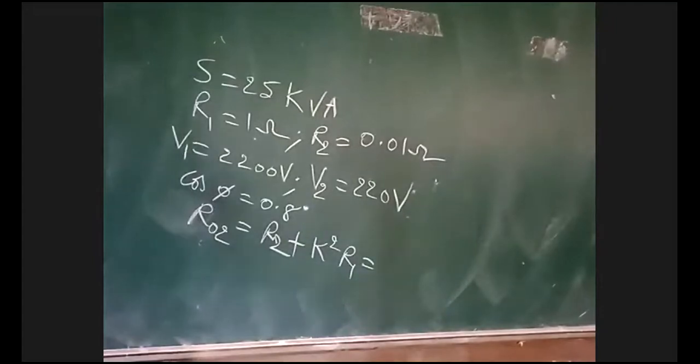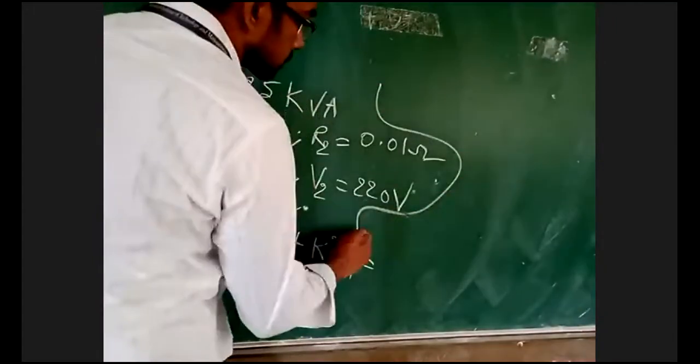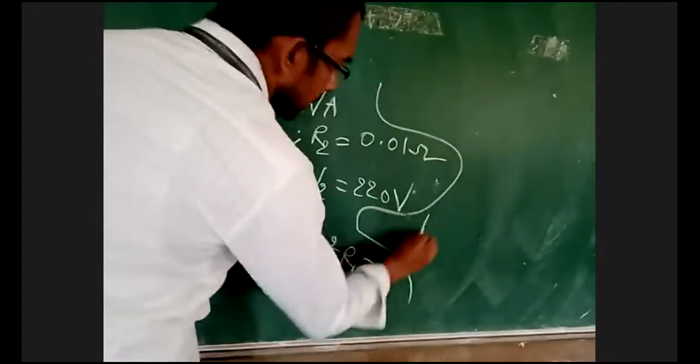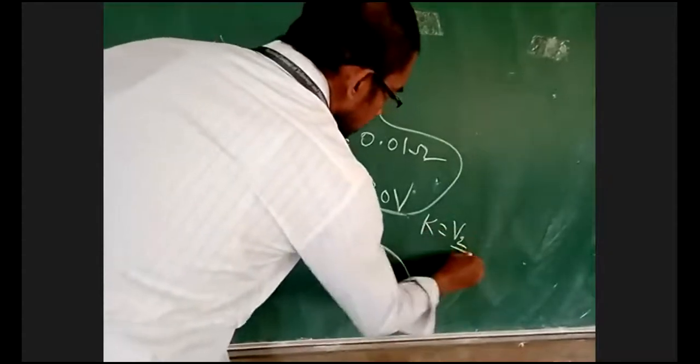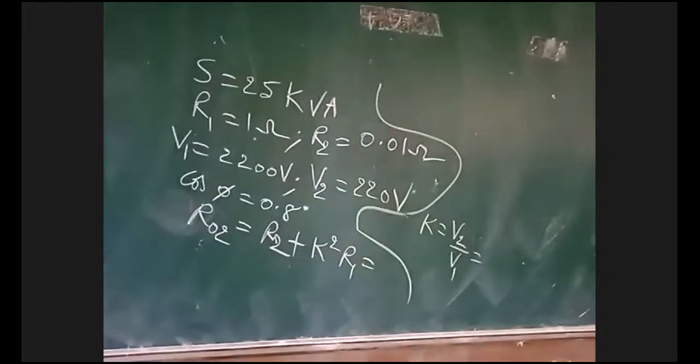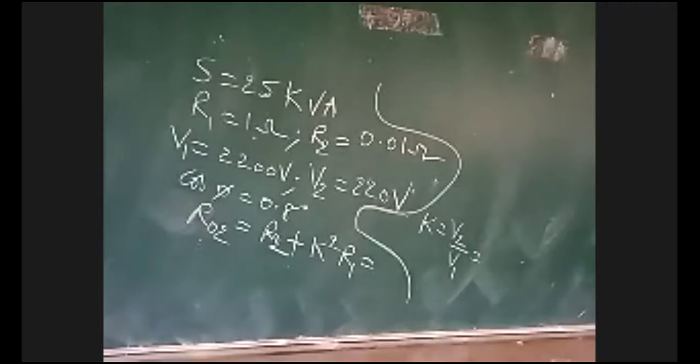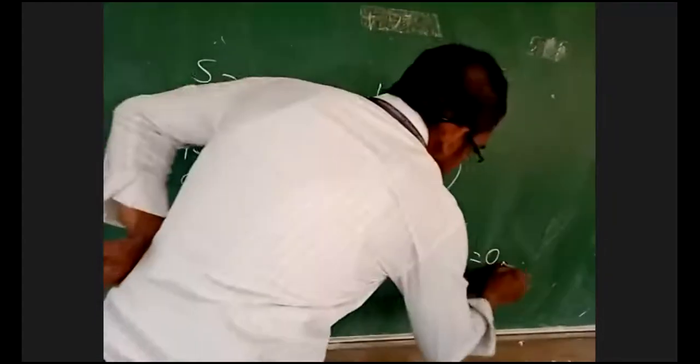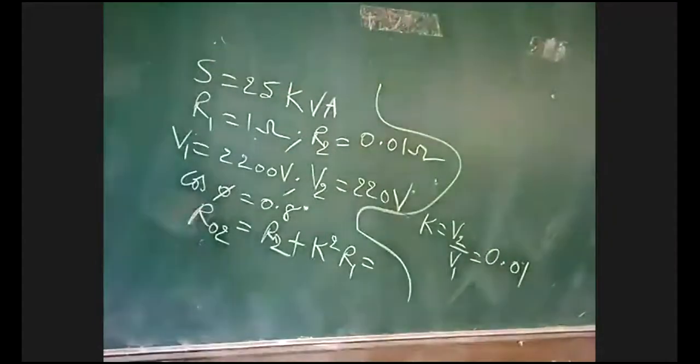But you should know the K value here. K is equal to V2 by V1. If we know K, we can determine R02 because R1, R2 is given. Calculate K value. 0.1 is the K value.